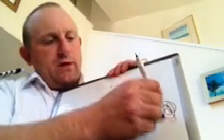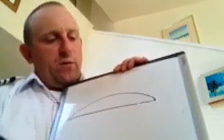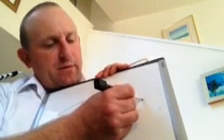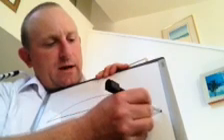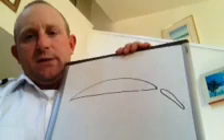Now, most of the aircraft that we deal with today, a lot of aircraft have been equipped with what's called a slotted flap. A slotted flap allows airflow that normally wouldn't exist with our plain or our split flap.